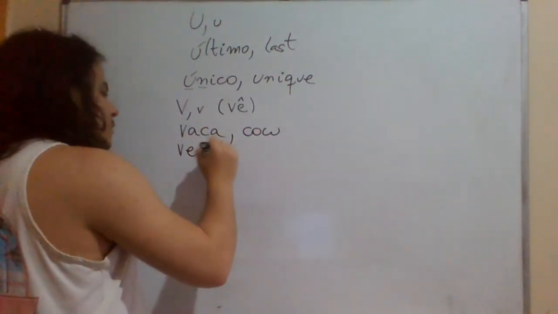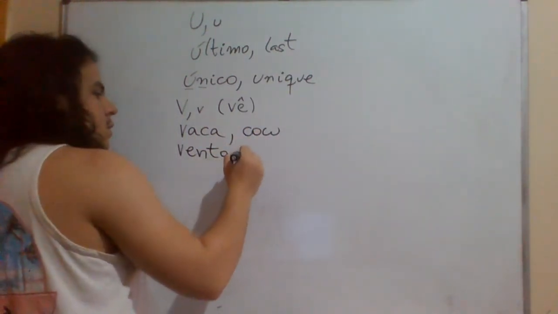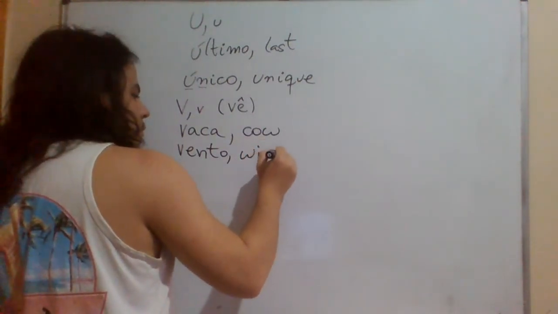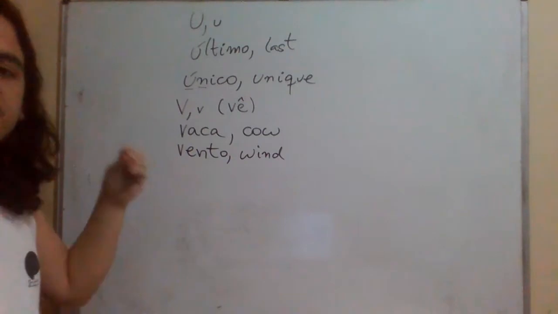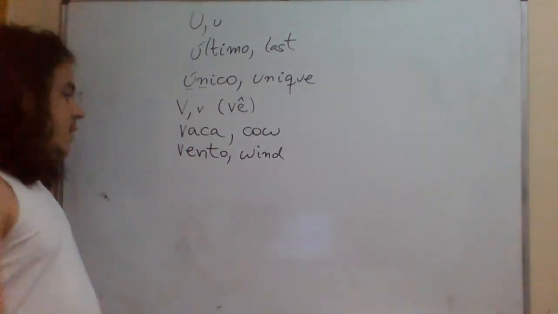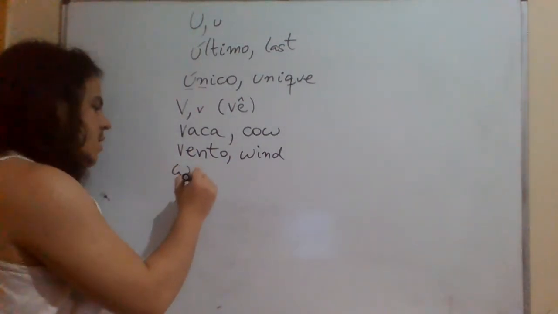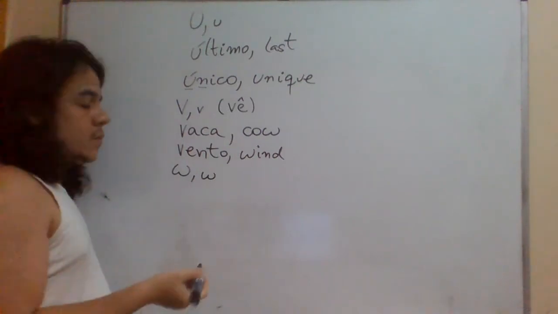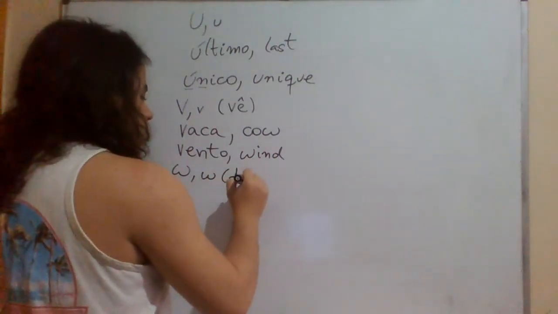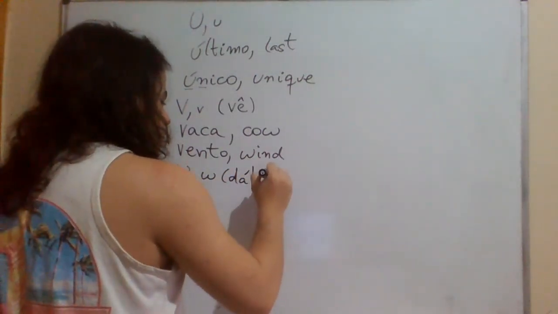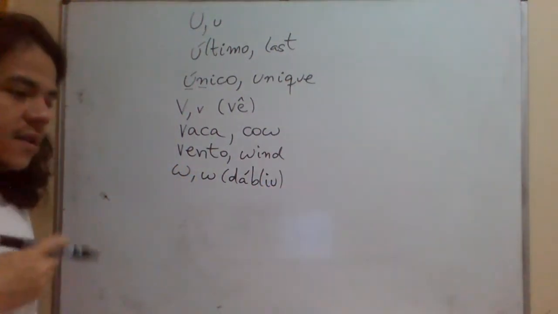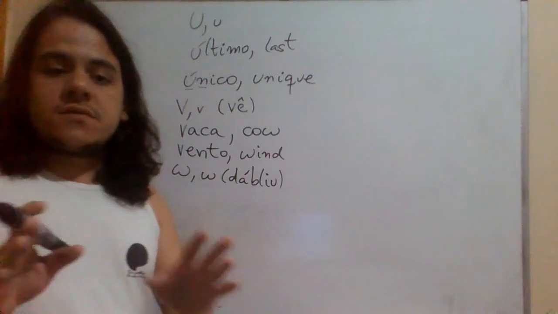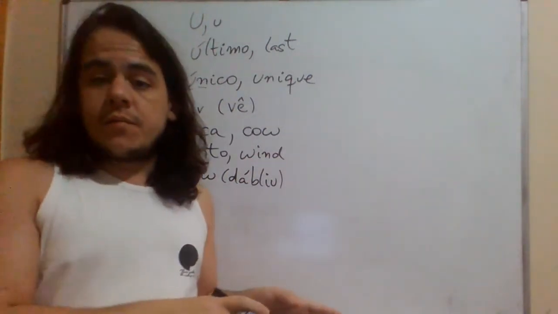Another example, vento means wind. Vento. The same sound, V. Next letter, letter W in Portuguese is W. This letter is just like letter K in Portuguese.